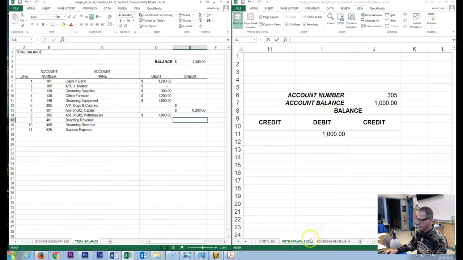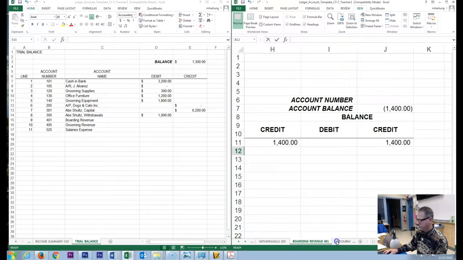Revenue is going to be a credit. First up, boarding revenue right there. Okay. Slight mistake there. There we go. Boarding revenue. Make sure it's account 401. Left that off of there.